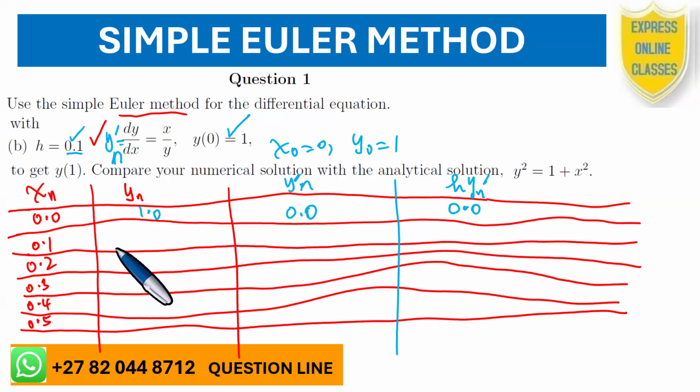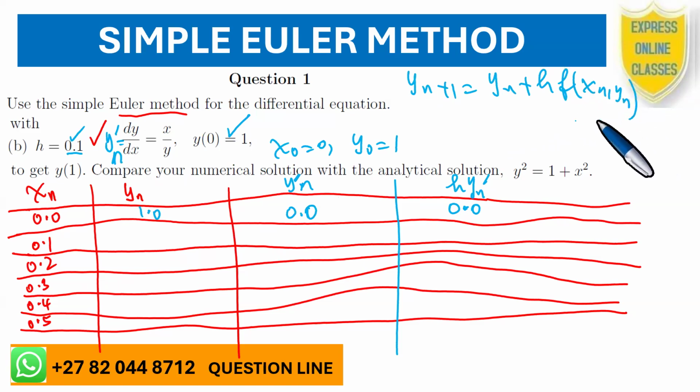So we have 0.1, which is xn, and then to get the next y, we remember our formula. yn plus 1 is, this is a master discussion on this simple Euler. This is the formula we use for what we call the simple Euler or just the Euler method.